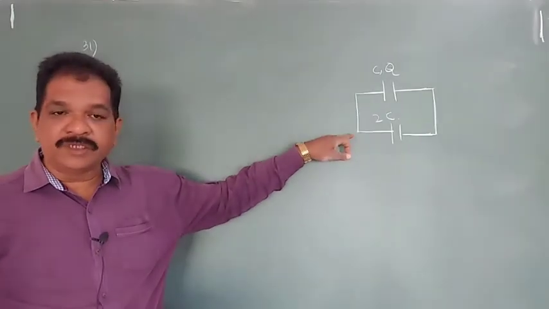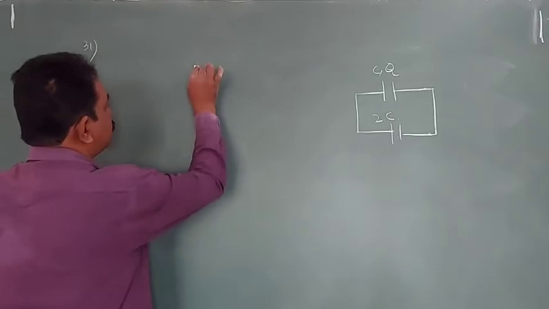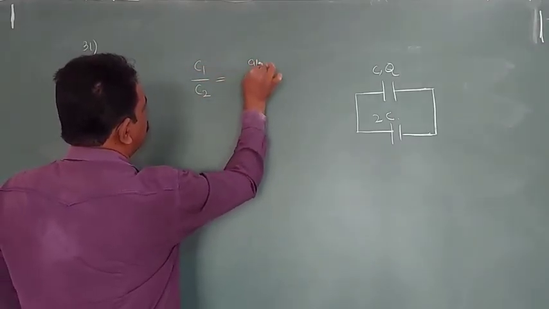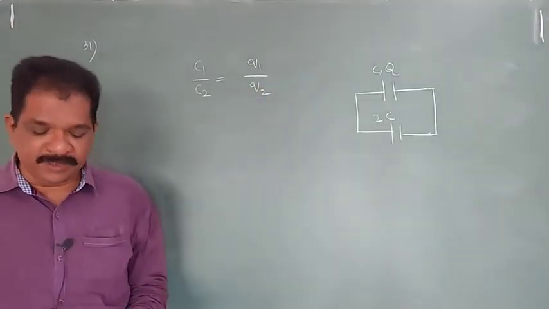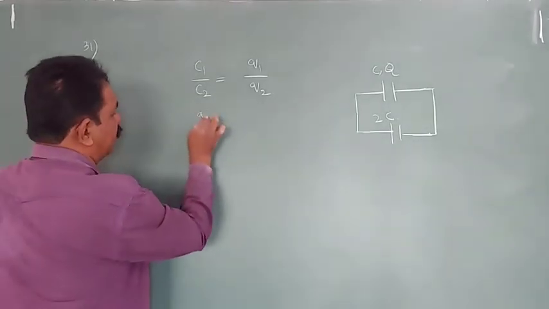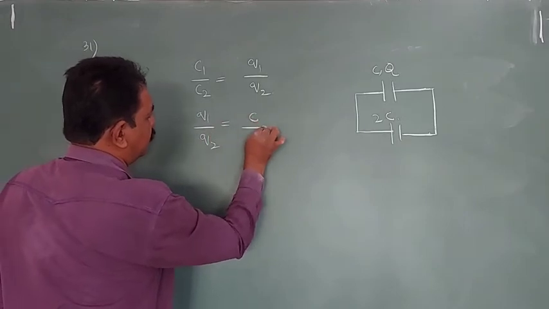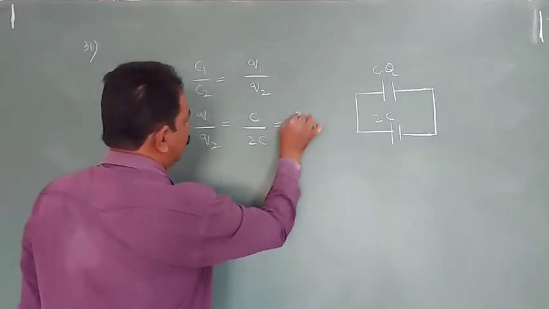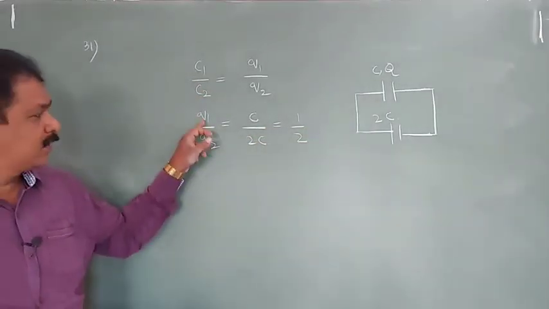In parallel, the potential difference will be constant. Then the charges ratio is equal to the capacities ratio. Then Q1 by Q2 is equal to C by 2C, this value is equal to 1 by 2. Total how much? 3.